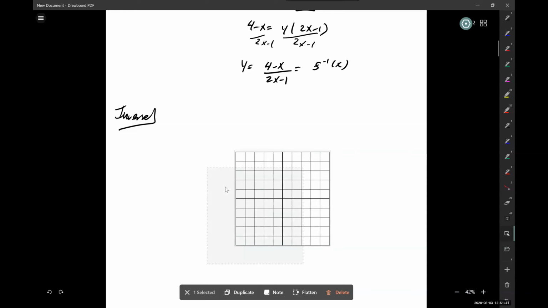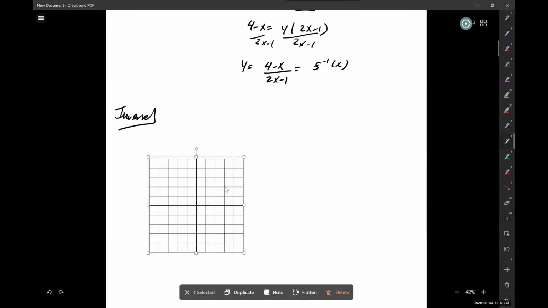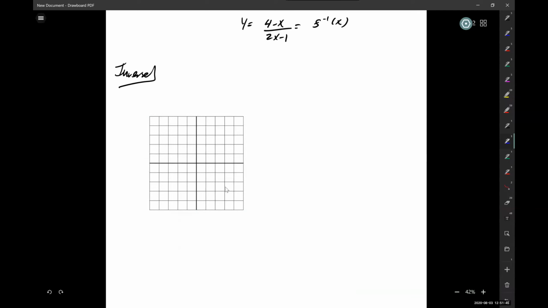So one of the graphs that you guys saw, a little bit something like this, in kind of this curved equation. And you were given this as f of x, and you were asked to graph the inverse, which I'm going to call f inverse of x in red.